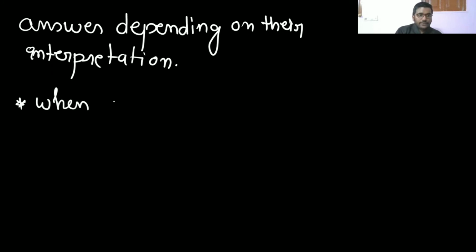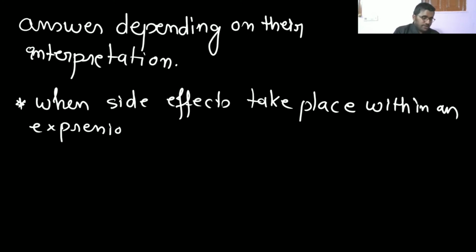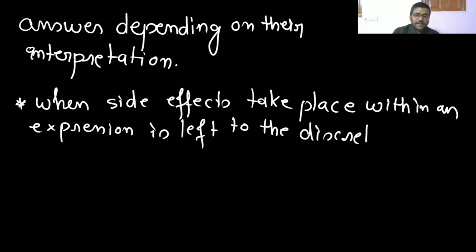When side effects take place within an expression, it is left to the discretion, means decision, of the compiler. It is totally given to the compiler to decide how to execute.